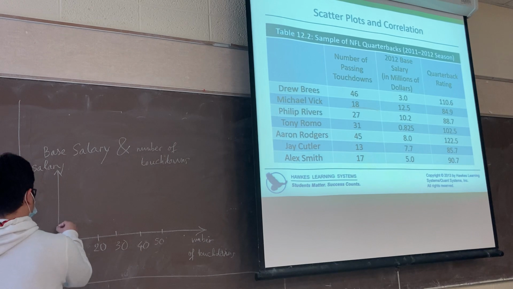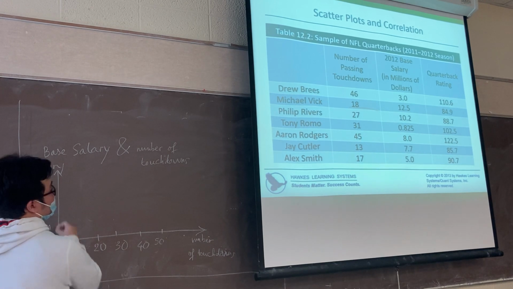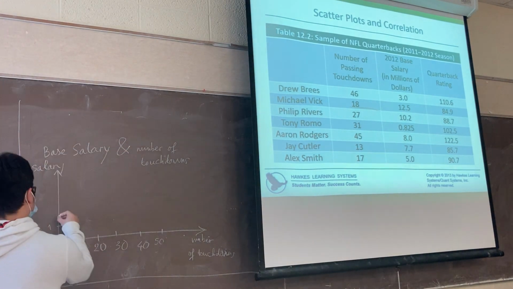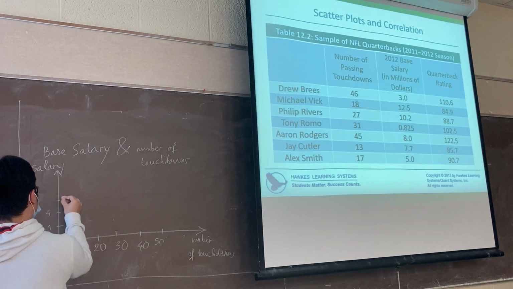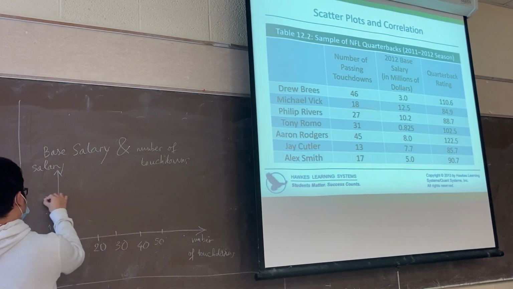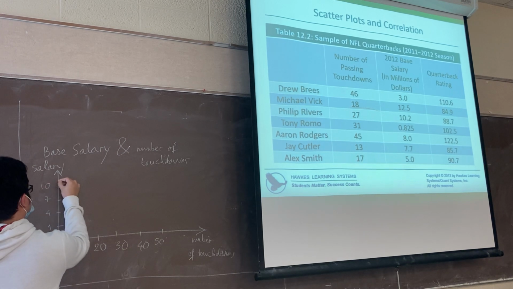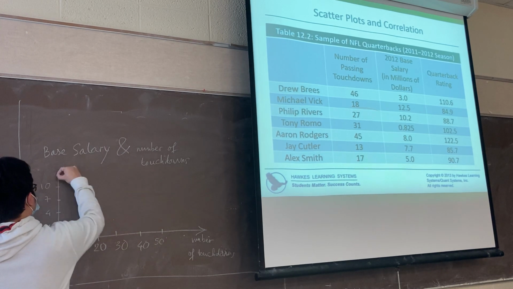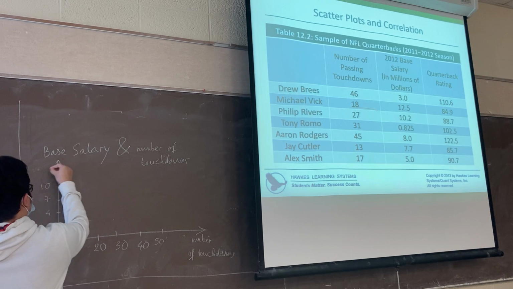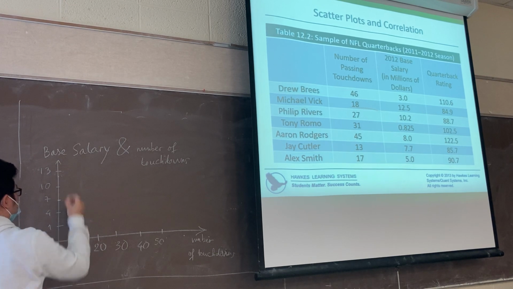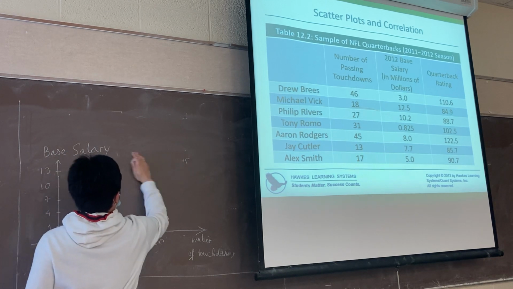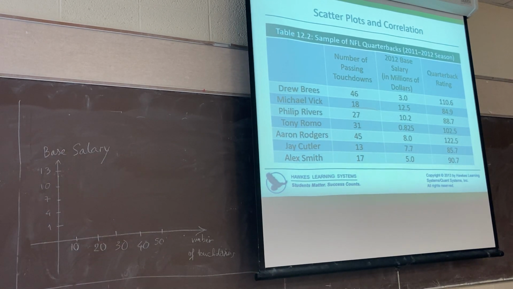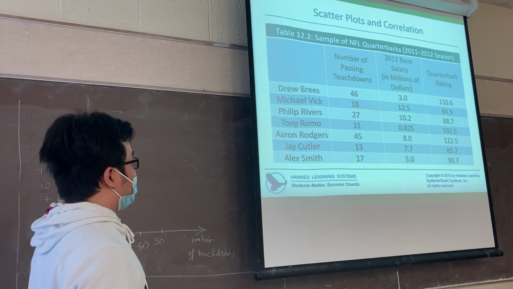So I will use 1, the 12, right? So I use this scale: 4, 7, 10, this is 13, something like this. Okay, so now we will put the points on the graph here.